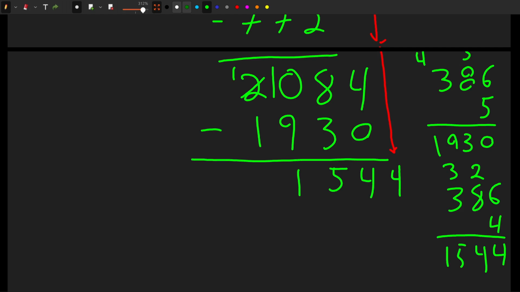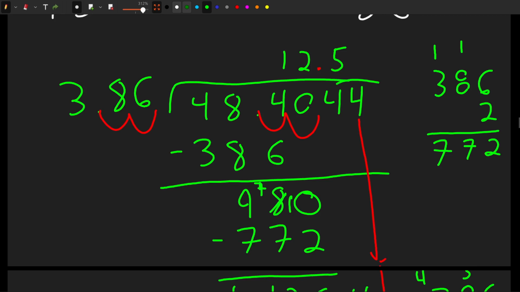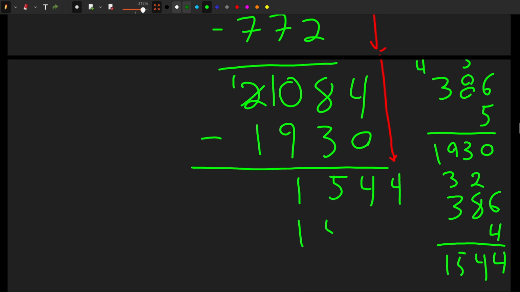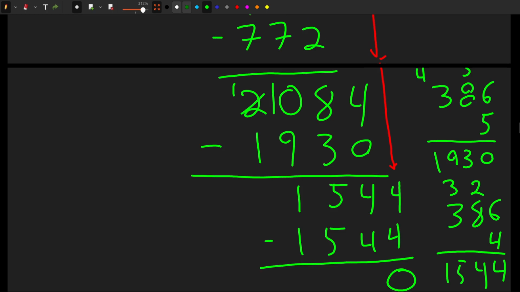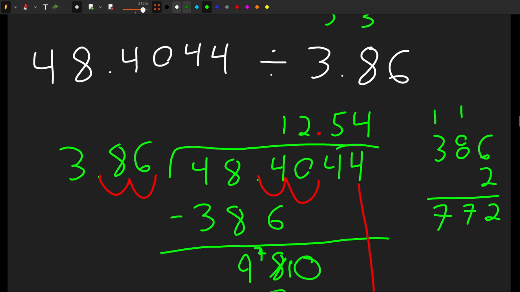Huh, look at that. So this number is going to be 4. And then this becomes 1544. Subtracting it out, I get a nice 0. And so my answer for this whole problem, which takes up a whole bunch of space, is 12.54. Division. You gotta love it.